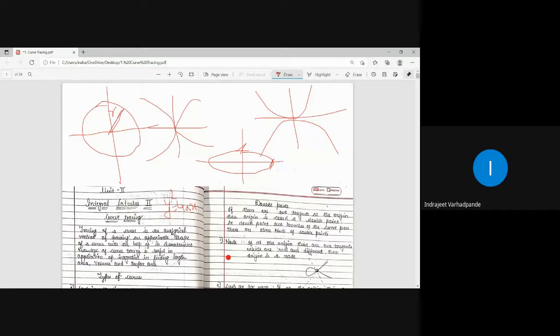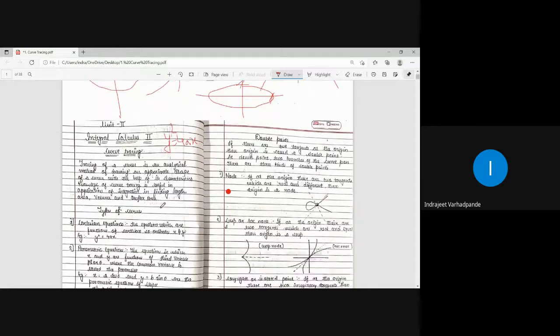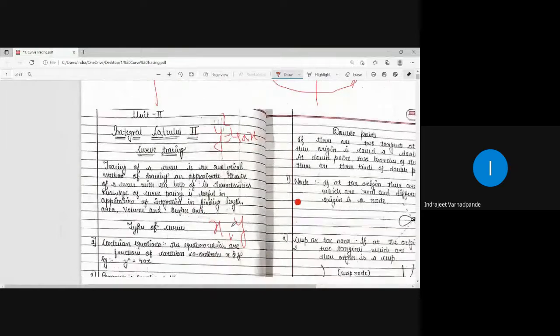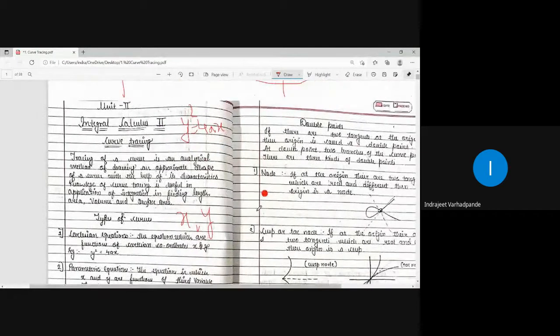One of the major forms, usually in practice, is the Cartesian coordinate system, wherein we have the variables x comma y. Whenever I am drawing the Cartesian coordinate axes, that is x versus y, the variables taken into consideration are x and y. The other coordinate system, from Cartesian by using the transformation x is equal to r cos theta and y is equal to r sin theta, gives the polar coordinate system, where the function is a function of r as well as theta.